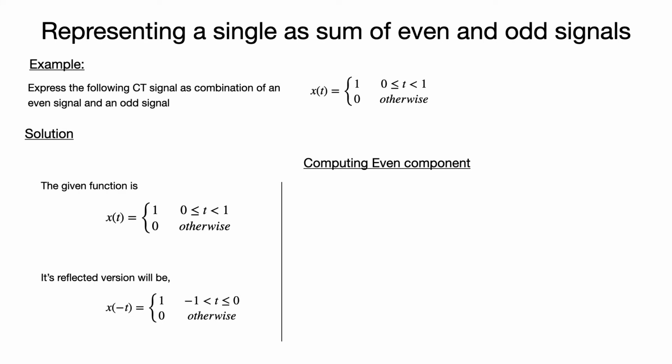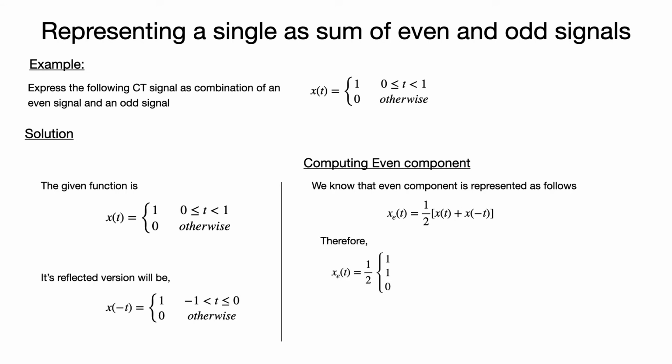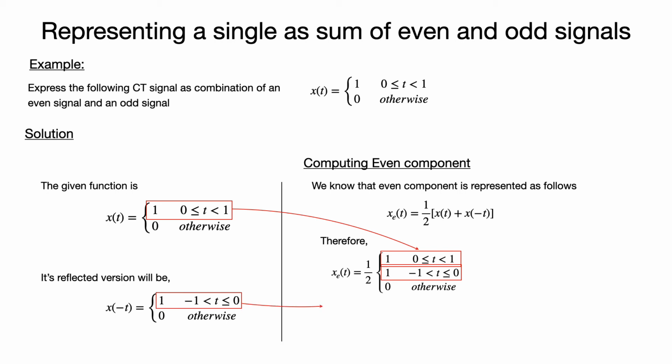So the even component can be computed using the formula that we just saw before. Here xe(t), or the even component, is equal to 1/2 times x(t) plus its reflected variant. So we can write this function like this. xe(t) is equal to 1/2, and there are three rows now. As you can see, the top row is x(t), and the second row is the reflected variant x(-t), because we are adding both of them.